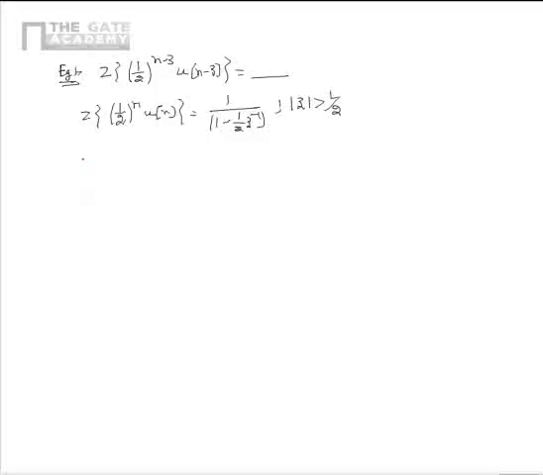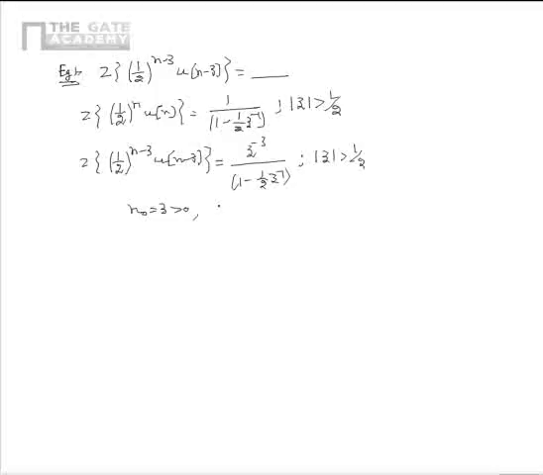Now, for finding the Z transform of (1/2)^(n-3) u[n-3], from the given property, we can write that the Z transform is equal to z power minus 3 divided by 1 minus 1 by 2 z inverse, and the ROC would be mod z greater than half, as n naught is greater than 0, which is 3 now.